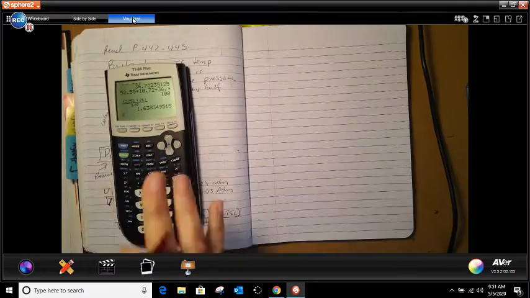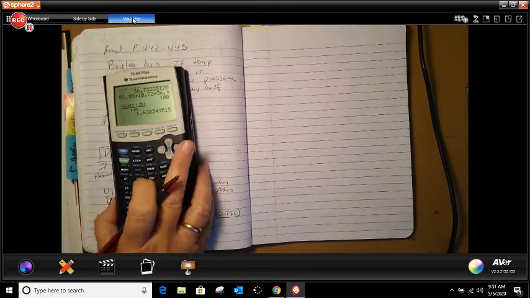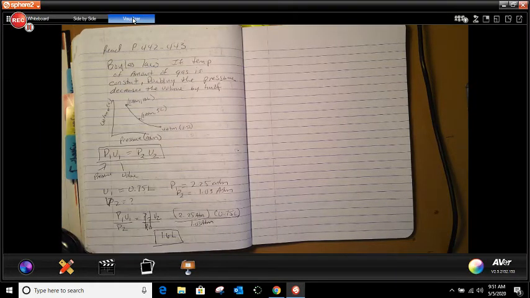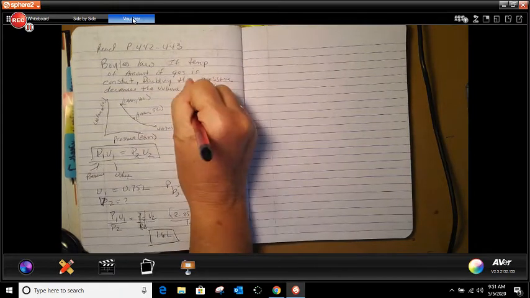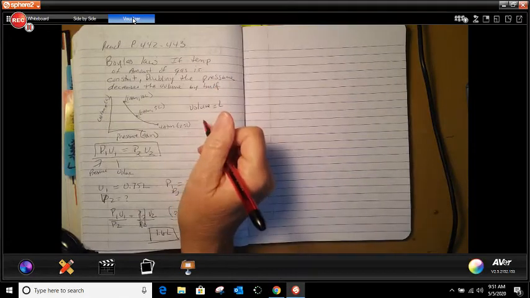So let's look at the new problem. It says the volume of gas is at 99 kilopascal. Okay, so let's go over this information first. When we're talking about volume, we want to make sure we have liters.